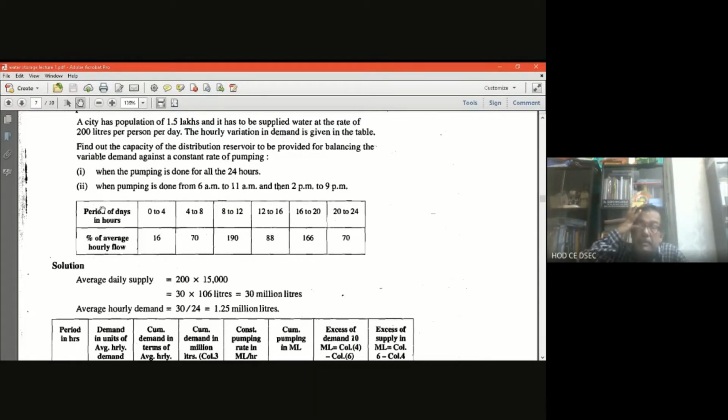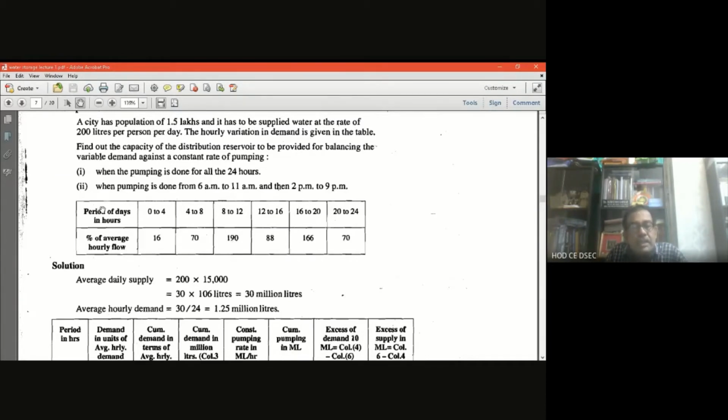This 30 million liters, that is 30 into 10 to the 6 liters, is the total quantity of water needed by the population in the city, and you have to supply it in 24 hours, because in the first case the water is supplied over 24 hours.